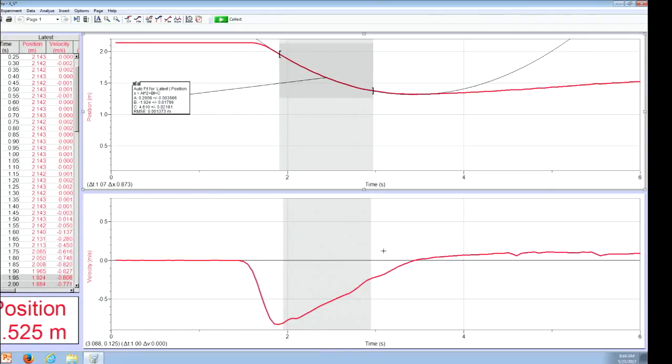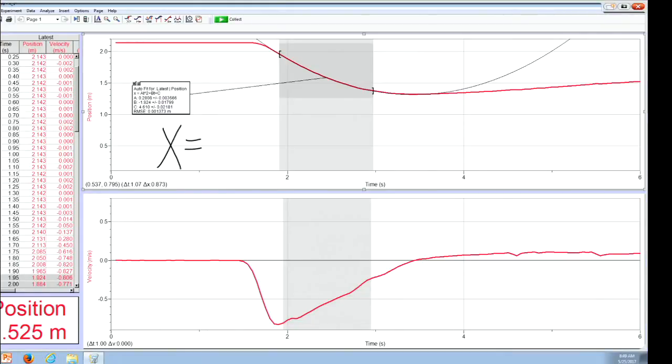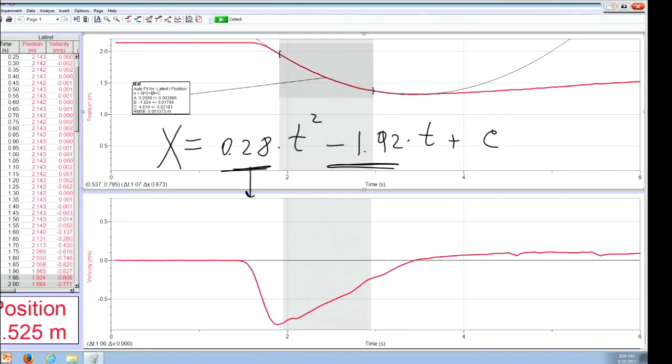And so the equation is 0.28 times time squared minus 1.92 times time plus constant, doesn't matter. We can see the difference between this situation and the previous situation. The difference is here, not in here. We know that this number is related to acceleration.